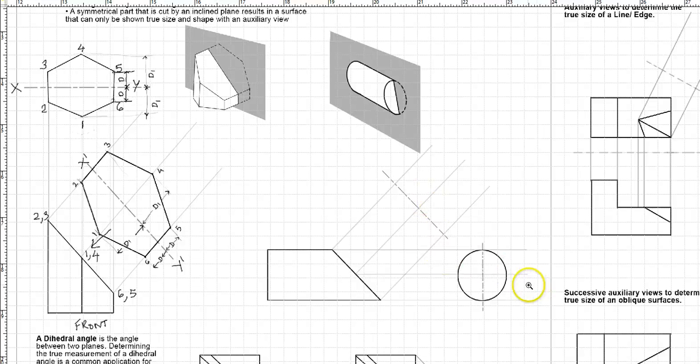Now if I'm looking in this direction, it looks like a perfect circle. How would this circle look if I am looking in this direction, which is perpendicular to my surface for the auxiliary view? Would it look like a perfect circle, or would it look more like an ellipse?